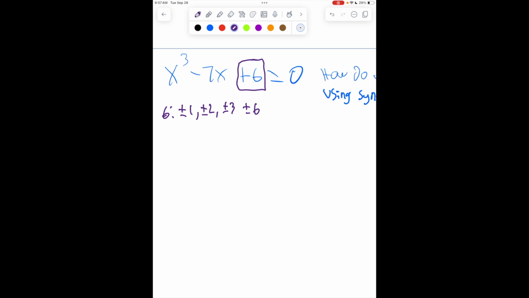So I'm going to check that, and if that's true, I'm going to use synthetic division. What's my coefficient? The coefficient here is 1.